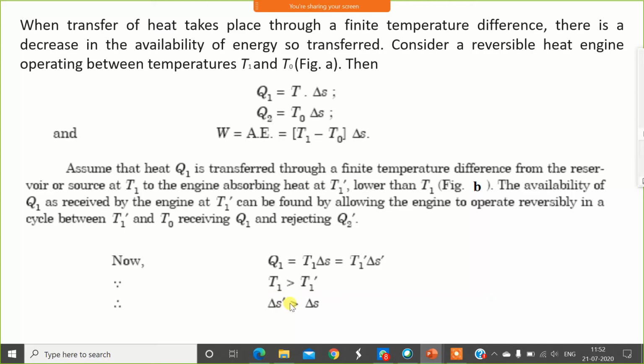Therefore delta S dash is greater than delta S. Since the product of T1 into delta S and the product of T1 dash into delta S dash is a constant, as T1 is greater than T1 dash, delta S dash has to be greater than delta S.